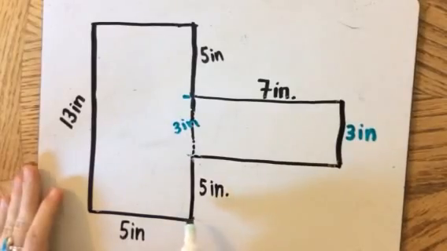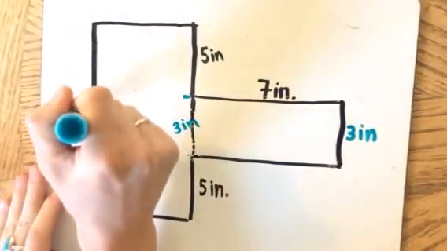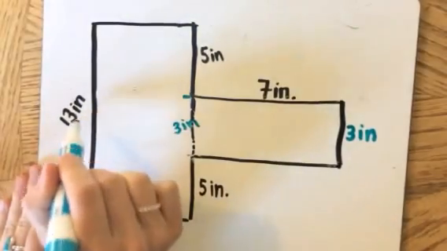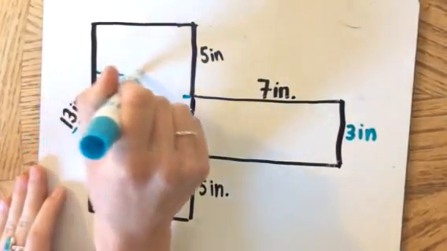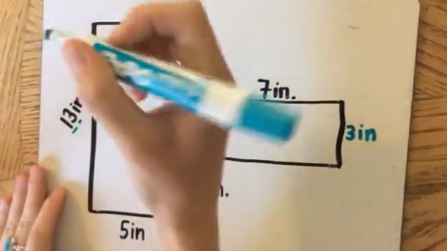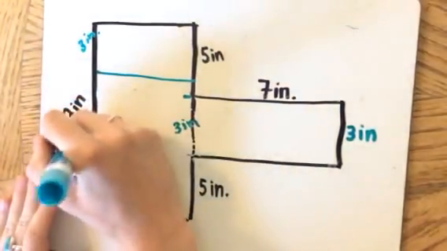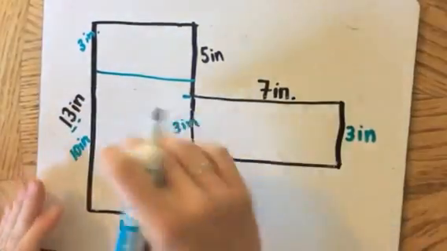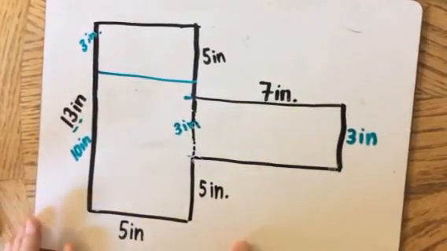I could partition it by saying 13 is made up of 1 ten and 3 ones. So if I partition it like this, and I have 3 inches and 10 inches, then I have 2 rectangles, which will be easier to find the area of because I don't know 5 times 13 right off the top of my head. That's kind of hard.